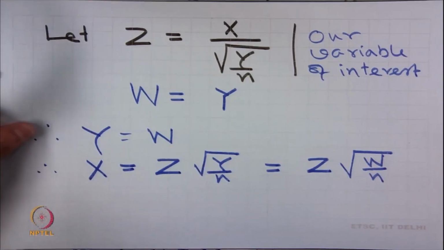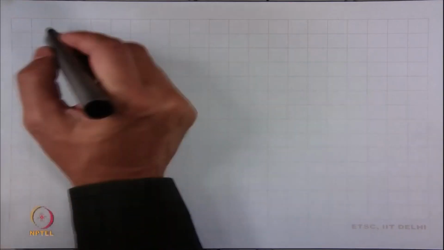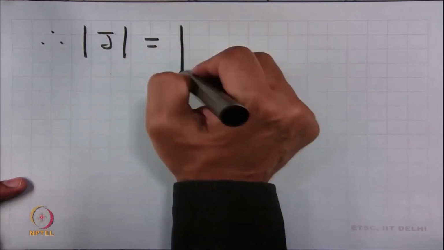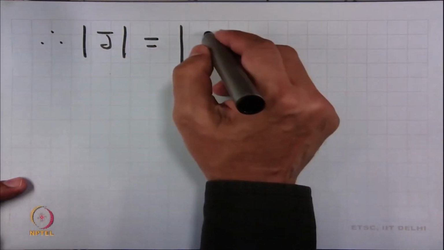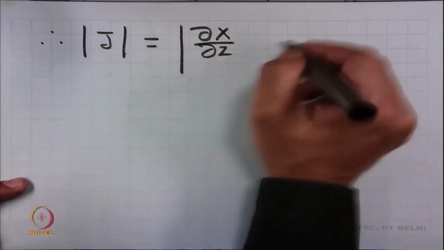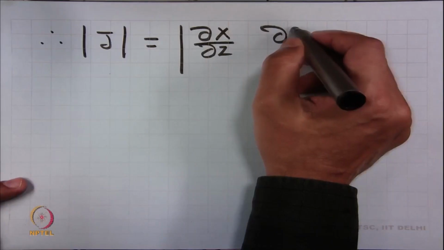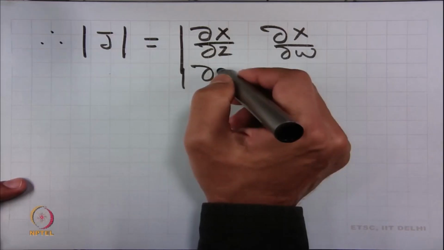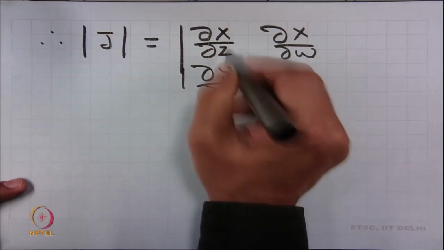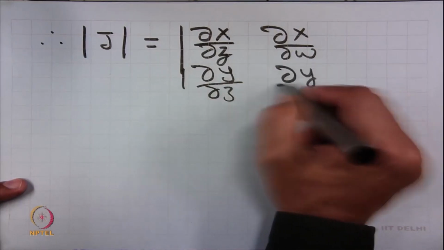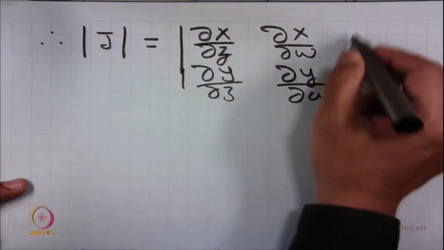Therefore, what is going to be the determinant or the Jacobian? This is the determinant of del x del z, del x del w, del y del z and del y del w.